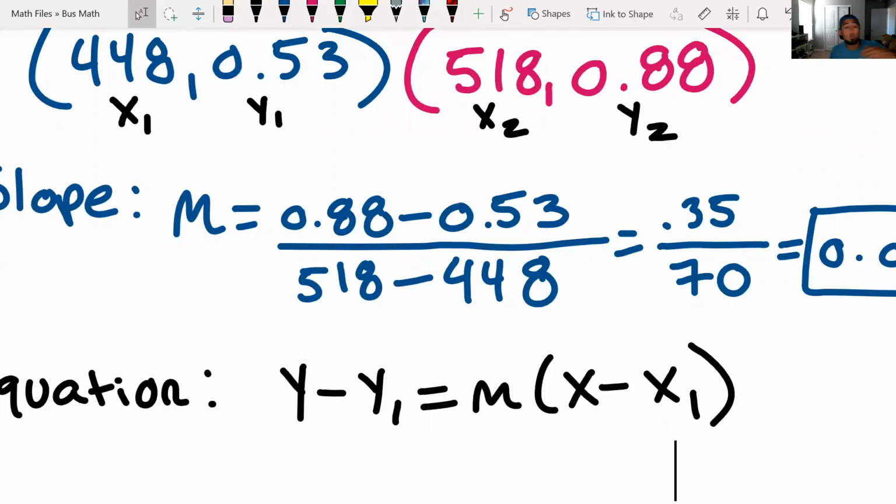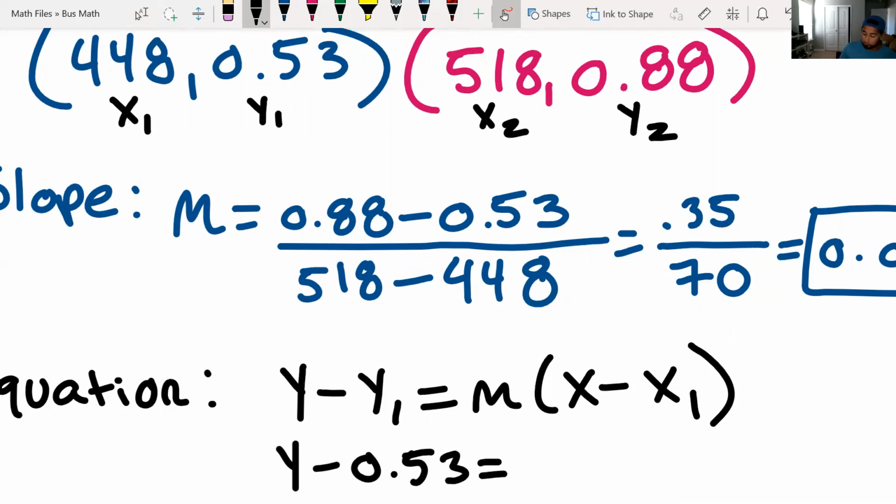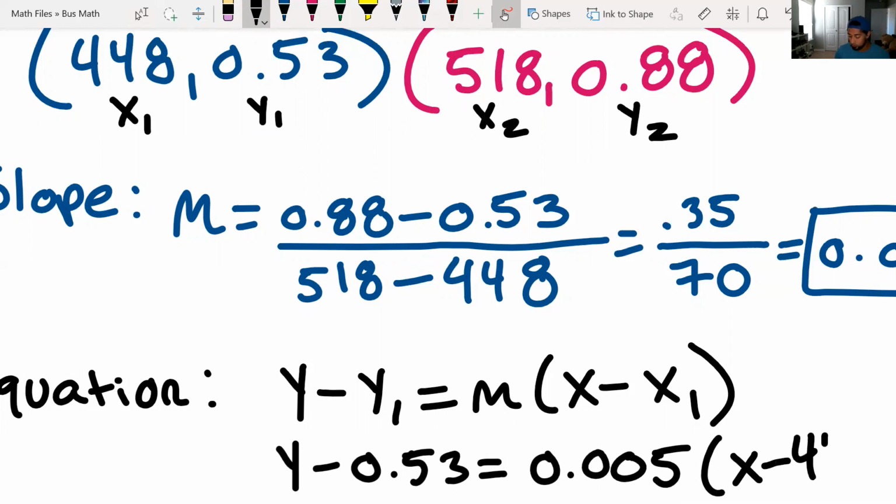We have an x1, we have a y1, plug them in. y minus y1, which is 0.53, equal to our slope of 0.005 times x minus x1, which is 448.